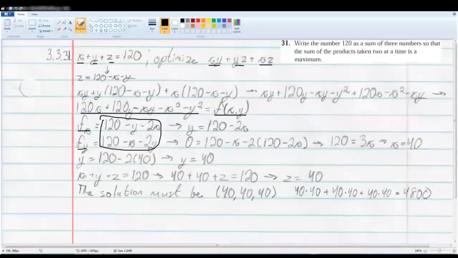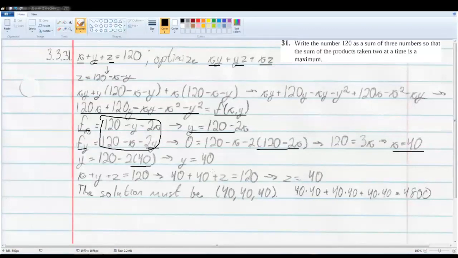And in order to solve that system of equations, I took the first function and I solved for y. I then plugged that in to here, and I got x is equal to 40. I then plugged 40 into here, and I got y is equal to 40.